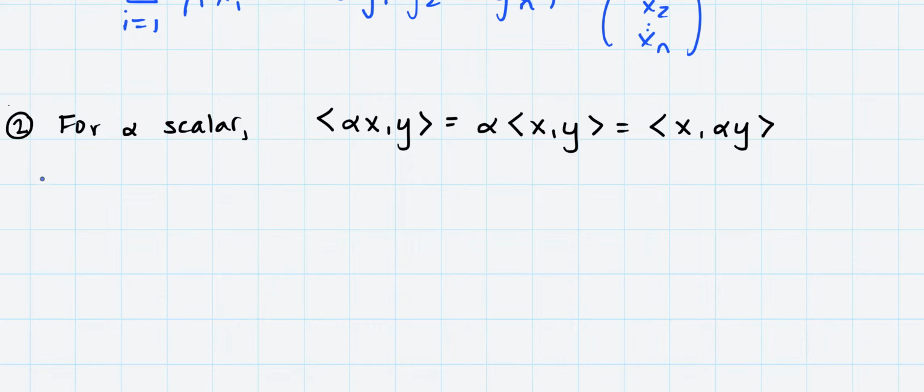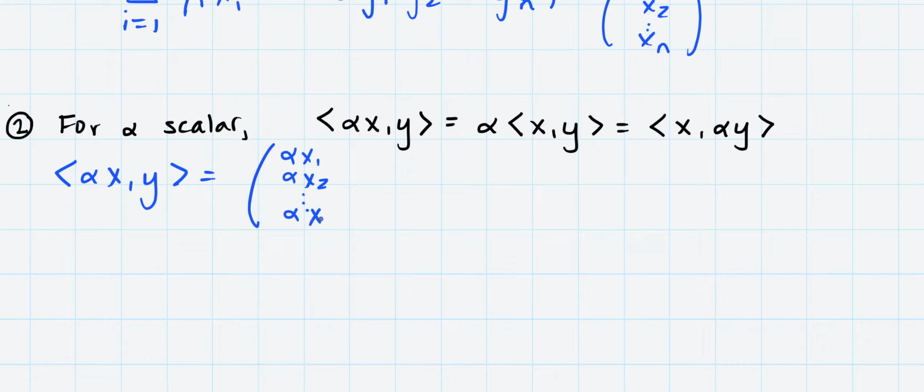So let's do the left-hand side, this alpha x, y. We know that this is alpha x1, alpha x2, all the way to alpha xn, because when we multiply a scalar times a matrix, that scalar goes to everything inside the matrix. Oh, but this is the transpose, so let's make sure we transpose that.